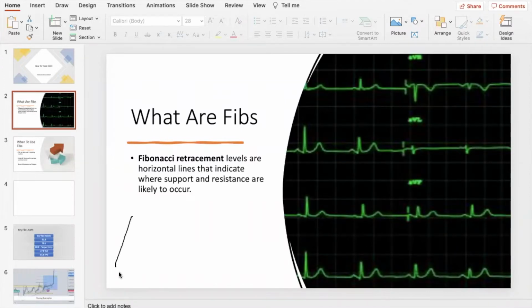So let's say we have a big movement that buys up. What are fibs good for? Fibs are good for predicting where the market is likely to pull back and continue going up. So fibs will indicate, okay, this is a good price point, depending on your key fib levels.